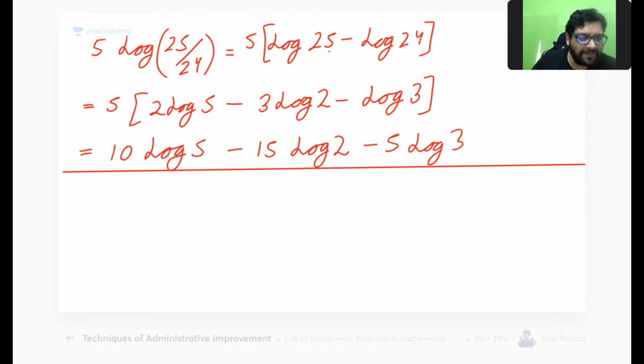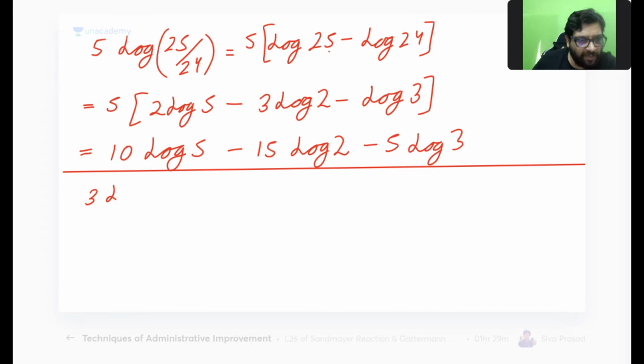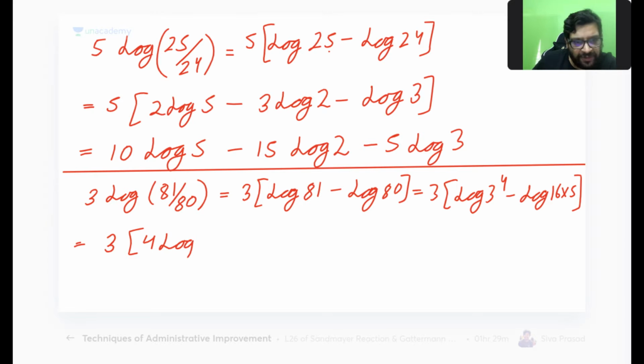After that, we have the third value, which is 3 log 81 by 80, which is thrice of log 81 minus log 80, which is thrice of log 3 to the power 4 minus log of 16 into 5, which gives me thrice of 4 log 3 minus log 16 is 4 log 2, minus log 5.